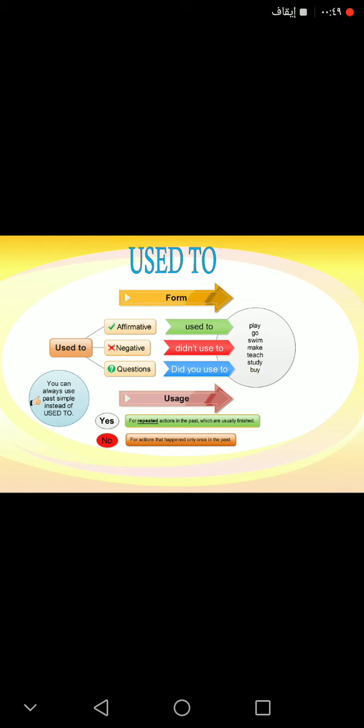Okay, but when we use it in the negative form, in this case we just add didn't. So when we say didn't, if you remember, when we studied the past simple tense, we said that the ed is an indication for the past event, but when we use did, we have to remove the d or the ed from the verb, because did or didn't is also considered an indication for the past event.